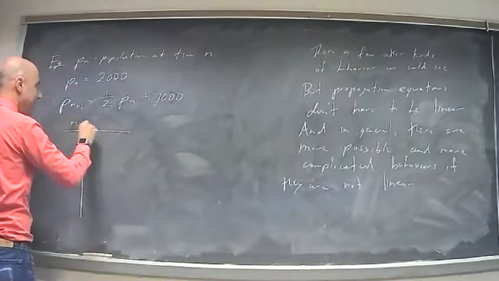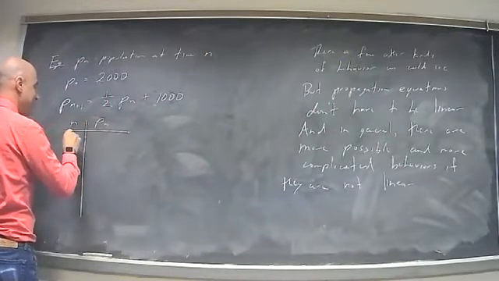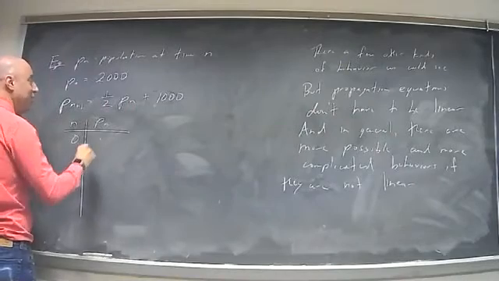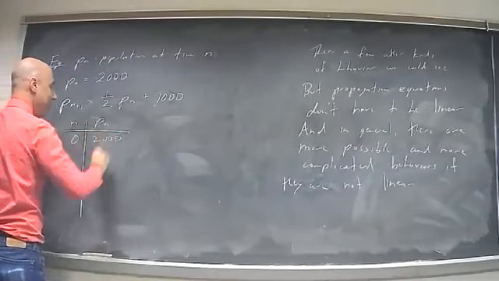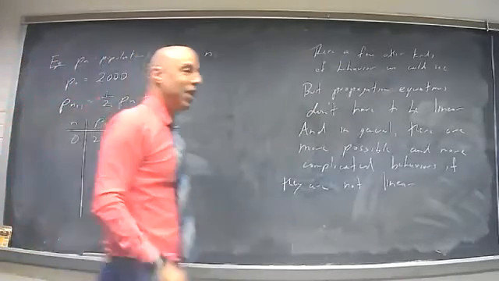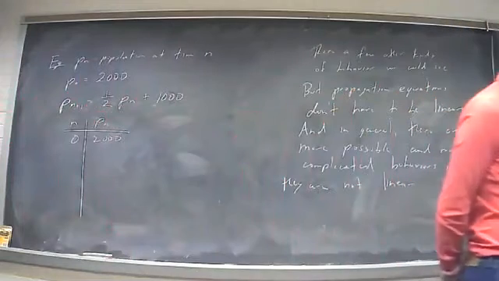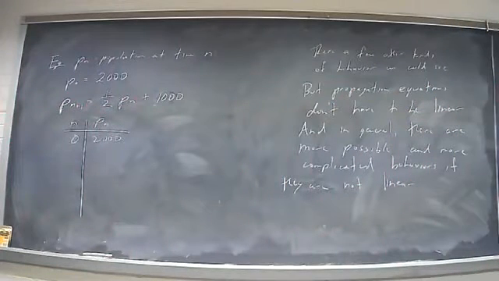So n, population at time n. When n equals 0, it's 2,000. Put in the next few numbers until you decide what's going on. I don't think this is going to take you very long.